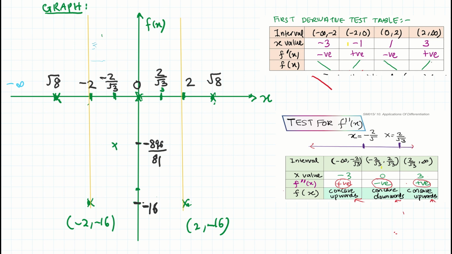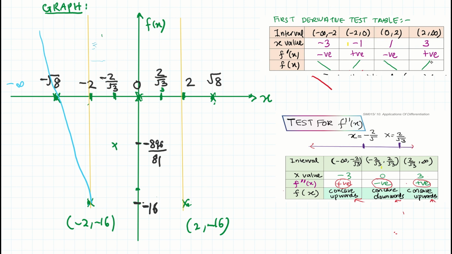So this means negative 2, negative 16 and 2, negative 16 are the minimum points. If we draw a line, the graph will be like this. Negative 2, negative 16 is the minimum point.